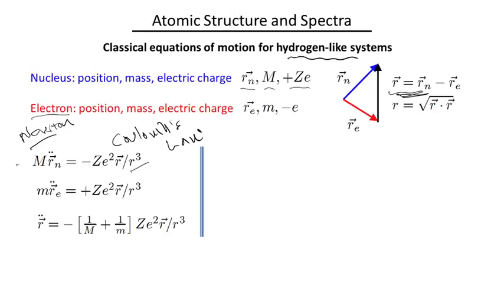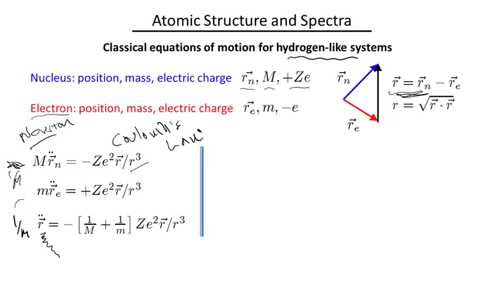What you can do now is take this equation and multiply by 1 over M, and you multiply the electron equation by 1 over little m, and you subtract them, and so you get an equation of motion for the electron-nucleus separation alone.